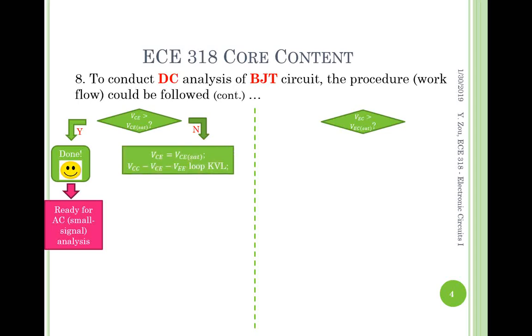In other words, it is in the saturation region. In that case, VCE is equal to the VCE saturation voltage, and then you need one more KVL loop to find the corresponding IC value. From the IC, we know we're done with the DC analysis.